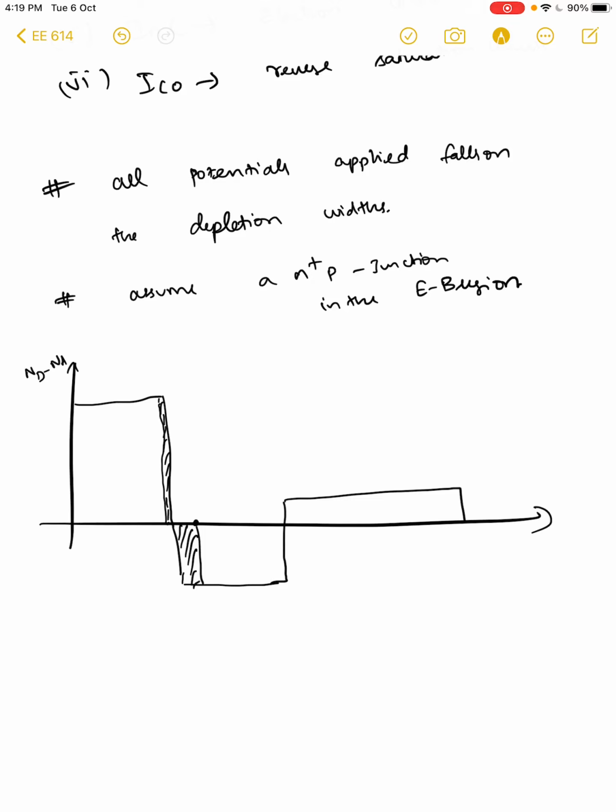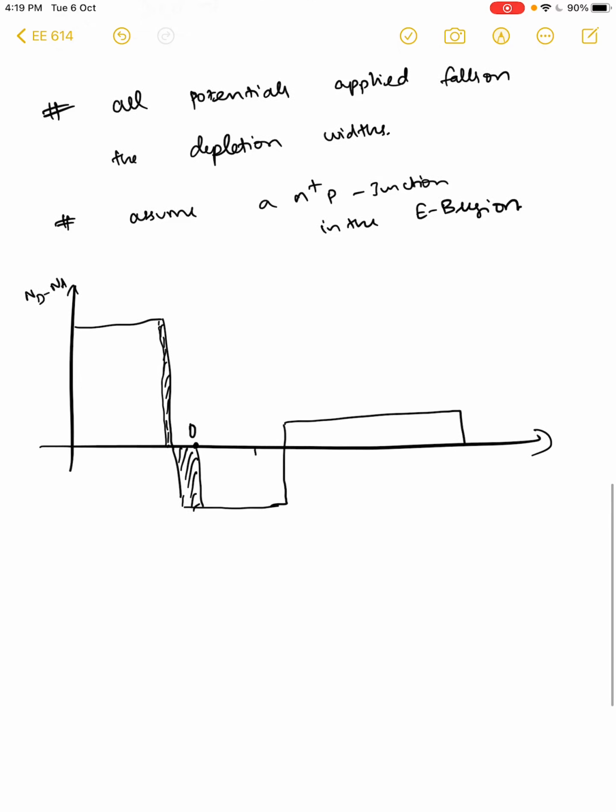We call this x is equal to 0, and this distance is W, right? And you have a very large depletion width in the collector region.